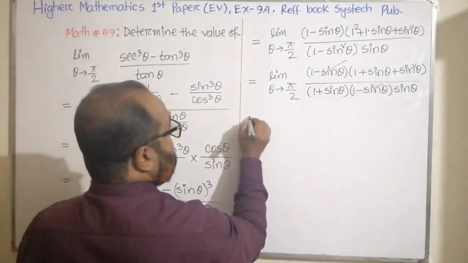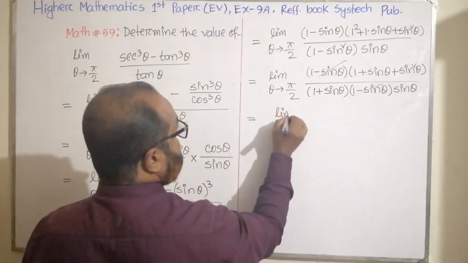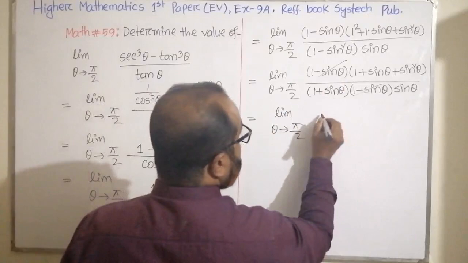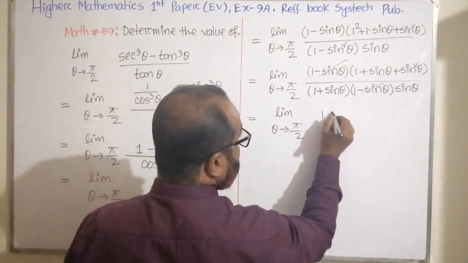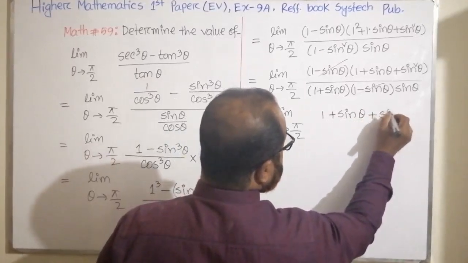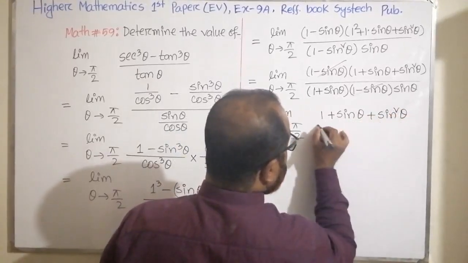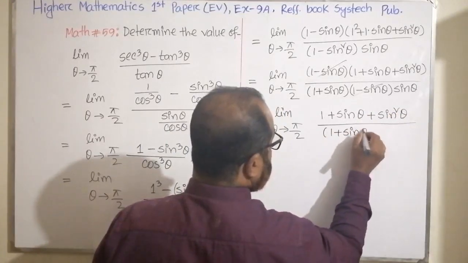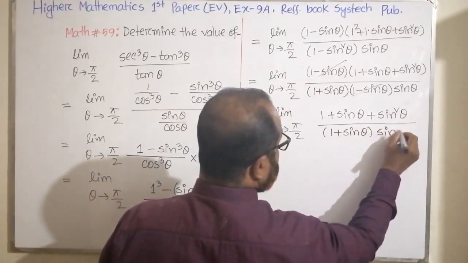After that we get theta tends to pi by 2. In the numerator we have 1 plus sin theta plus sin square theta divided by 1 plus sin theta into sin theta.